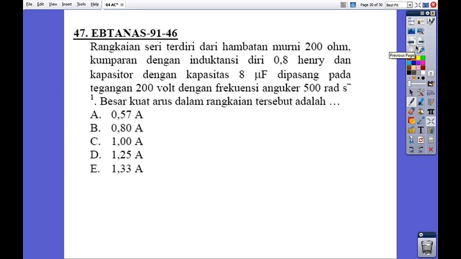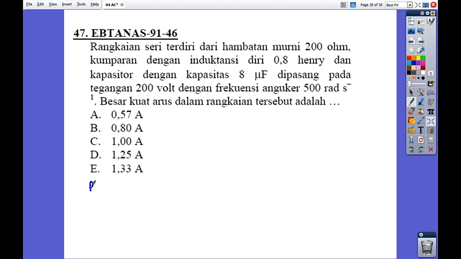Now for the next question, a series connection has a resistor of 200 ohm, an inductance of 0.8 Henry, and a capacitor with a capacitance of 8 microfarad, and is connected to 200 volt and an angular frequency of 500 radian per second. What is the current inside that circuit?